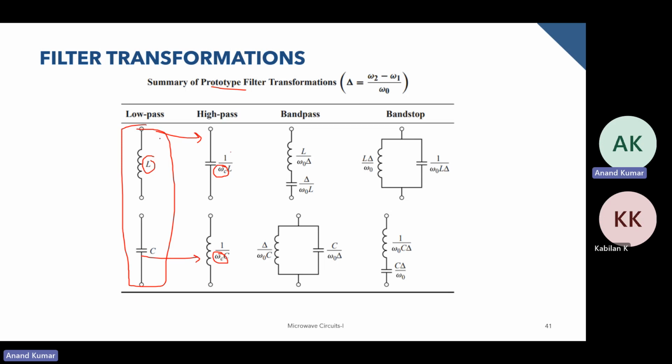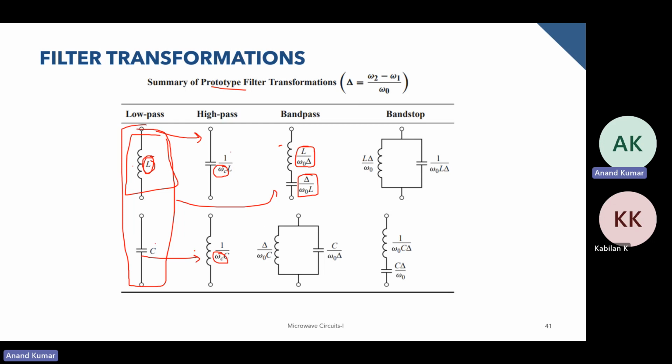And if you want to change this low pass prototype to a band pass, this is how you will change it. You use this L value and find out this term over here. Once you have found these terms, you can replace your inductor by an inductor and capacitor in series.